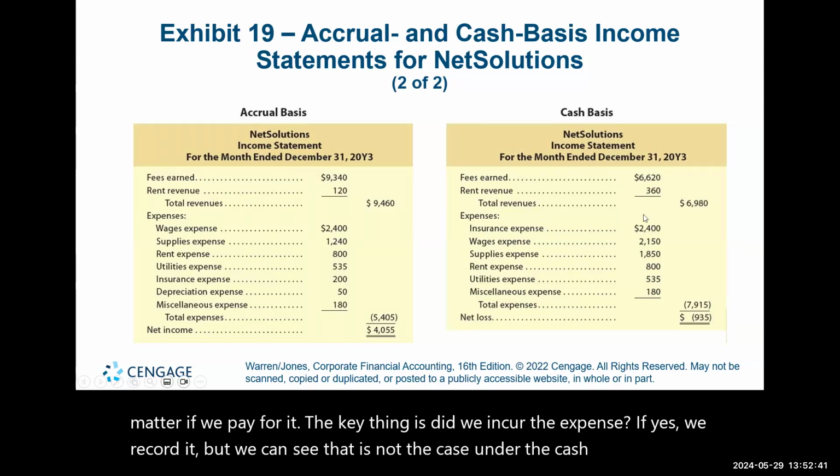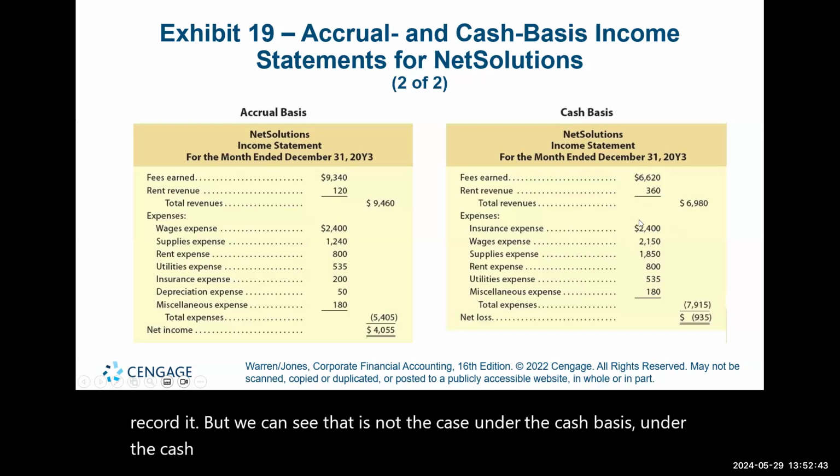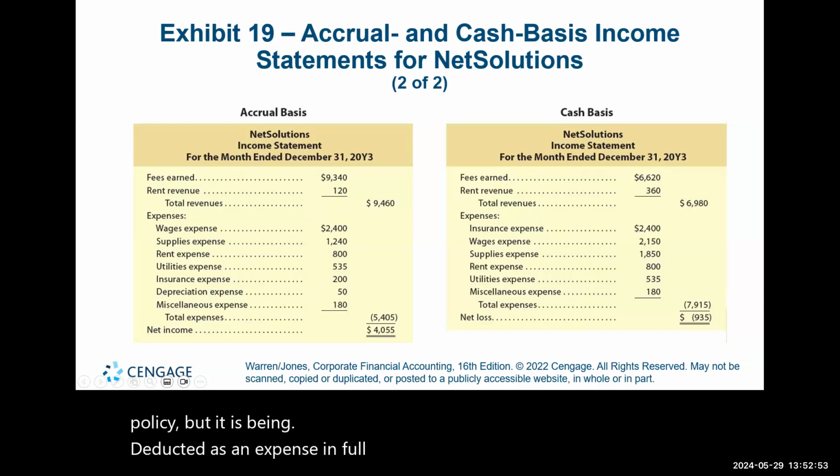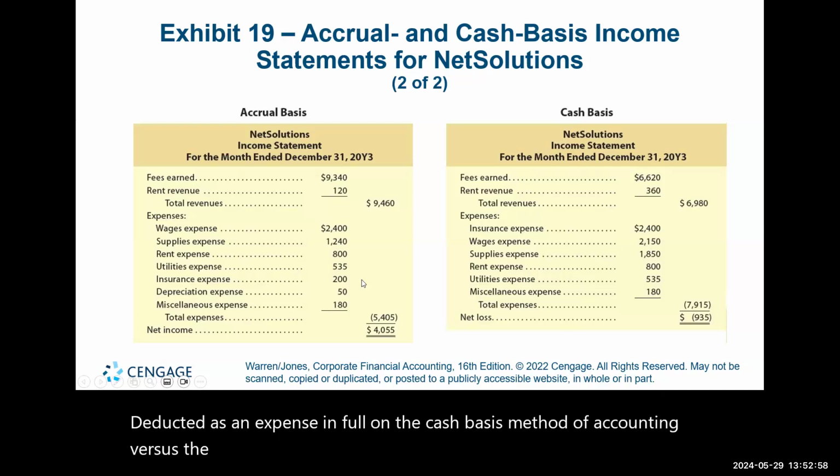Under the cash basis, we paid $2,400 for a 2-year insurance policy, but it is deducted as an expense in full under the cash basis method of accounting, versus the accrual basis, where we are only recognizing it for the period that was incurred, which is 1 month.